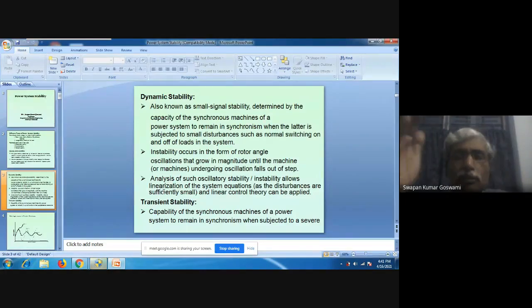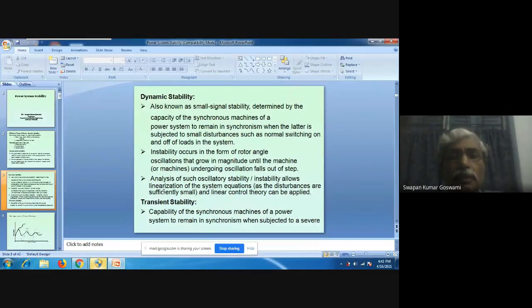Okay, so there are some oscillations, and because of the impact of the excitation controller, it may so happen that the damping of the power system, the damping of the generator, will become negative. What is the impact of this negative damping? Instead of dying down, the oscillations will rather grow.